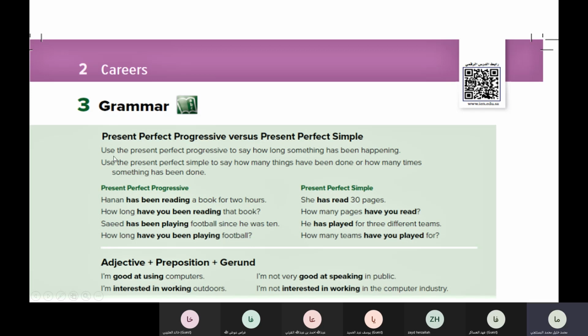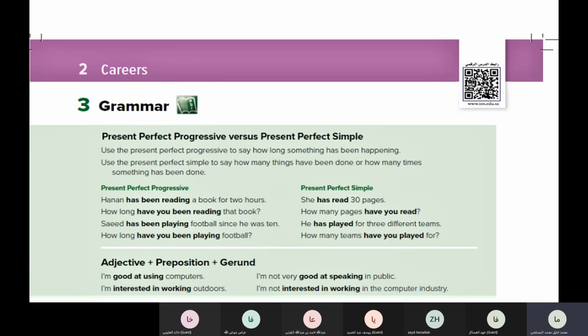Who can read the first definition? Present perfect progressive versus. When we say versus, it means what? Yes, again, it's totally different. Good. Yes, Abdullah. Use the present perfect that began in the past.